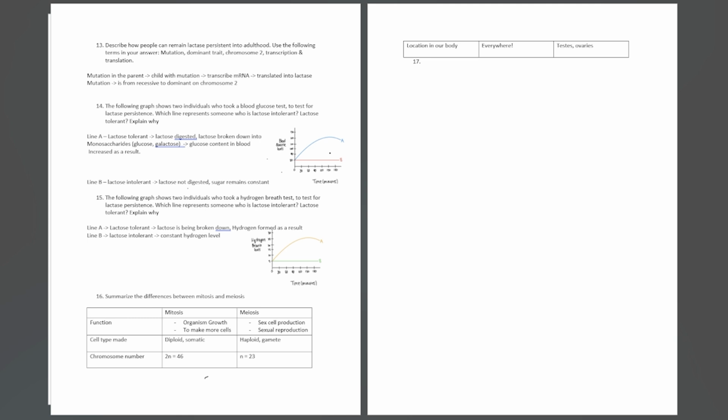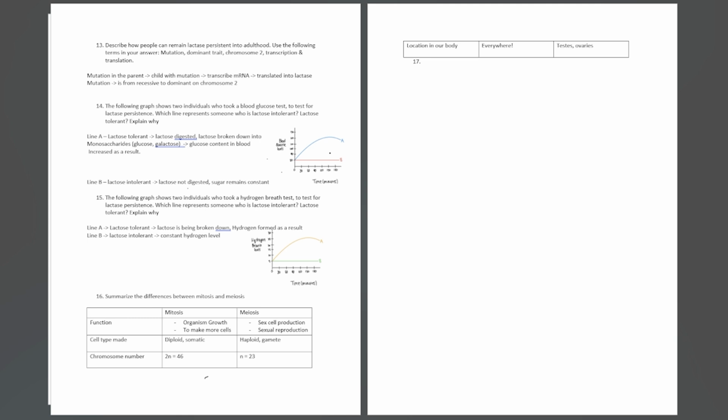Line A represents someone who is lactose tolerant because lactose has been digested, which means it has been broken down into its monosaccharides, glucose and galactose, which leads to an increase in blood glucose levels.